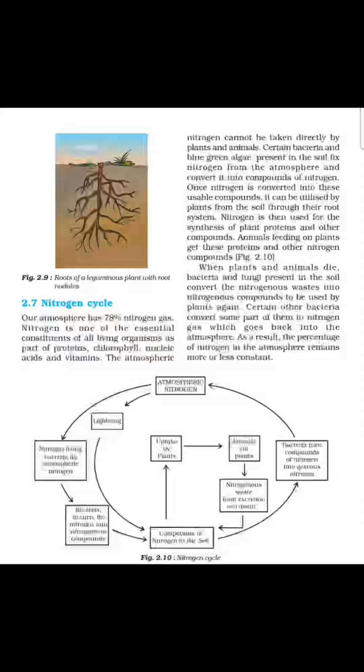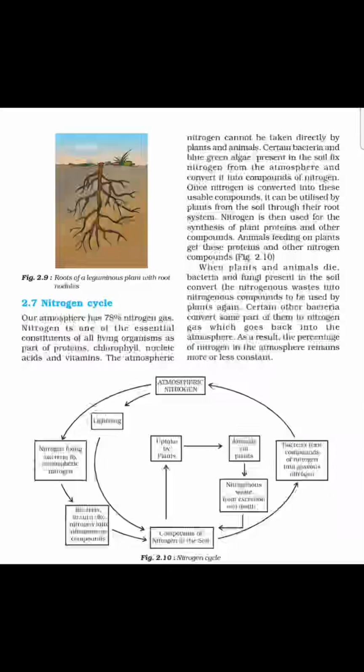And the last one is denitrification. Finally, special bacteria called denitrifying bacteria convert some of these nitrogen compounds back into gaseous nitrogen, which then returns to the atmosphere, completing the cycle.